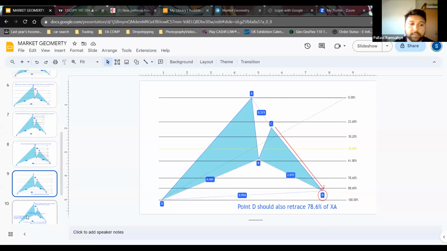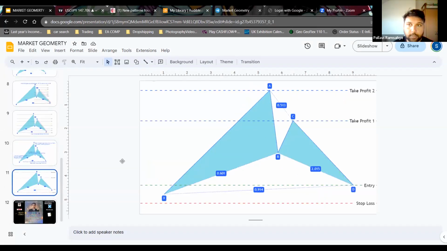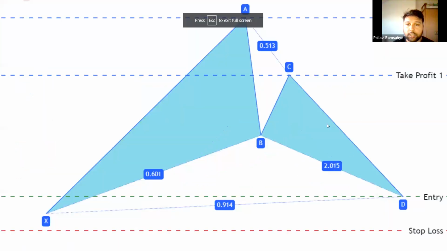So once this has been completed, so this is just for everybody, so everybody can see the completion of the pattern. Once it is completed, we need to know the points of entry, the stop loss, the take profit 1 and 2, okay? So our entry point is always point D, okay?